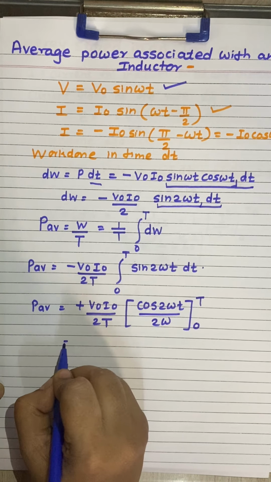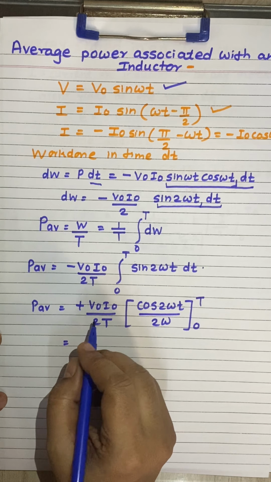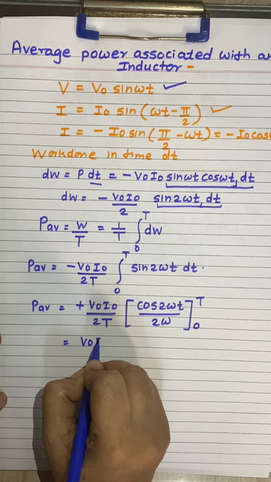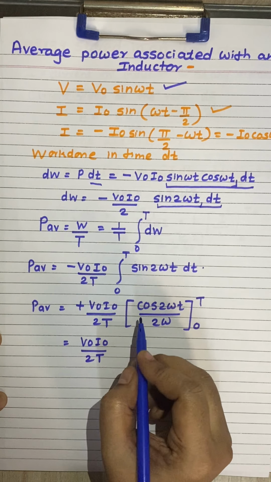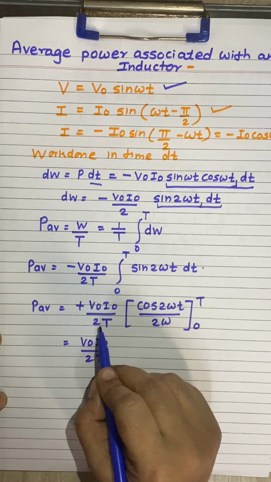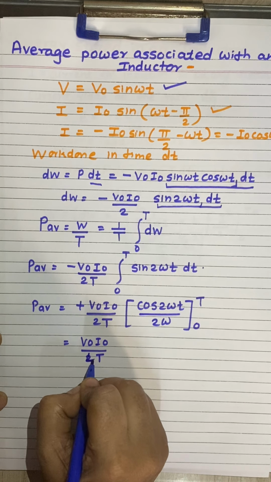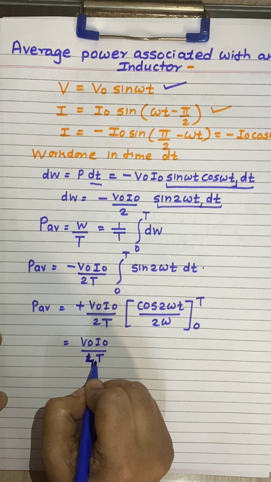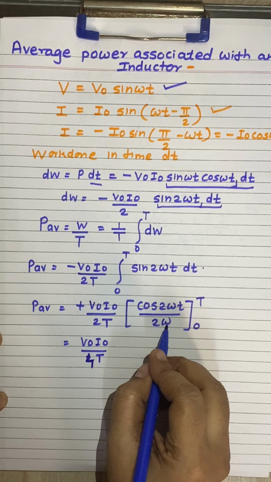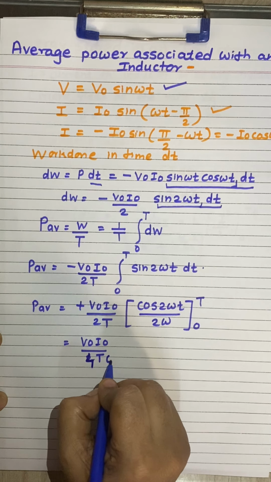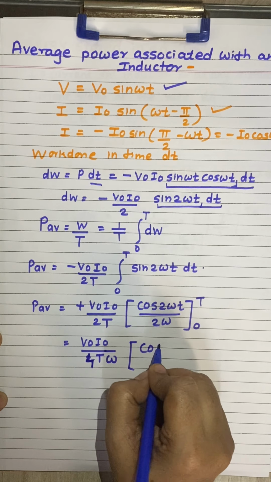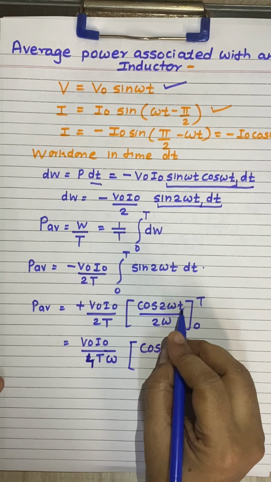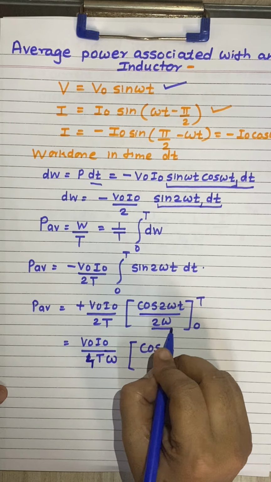If I apply the limit, I can get once again V naught I naught by 2T. We can get this 2 also outside, so 2 into 2, that is 4. I can take 4T outside, and omega also is a fixed quantity, so I will take omega also outside. So inside the bracket only cos of 2 omega t is there, because this 2 omega I have taken outside.